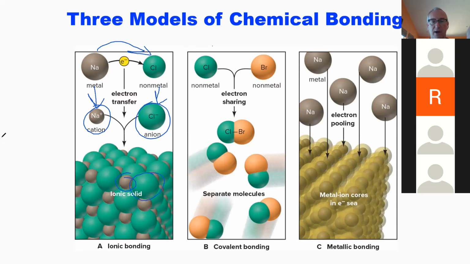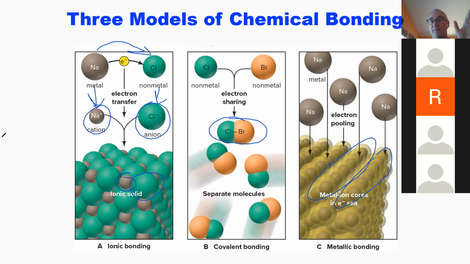Now, when you have covalent bonding, you have two different nonmetals, and they share that pair of electrons and stay close to each other because they're sharing that electron. So they have to stay close together in space so that pair of electrons is shared. And here in the metallic bonding, you have all these positive metallic ions and this sort of what we call a sea of electrons swimming all in between them.